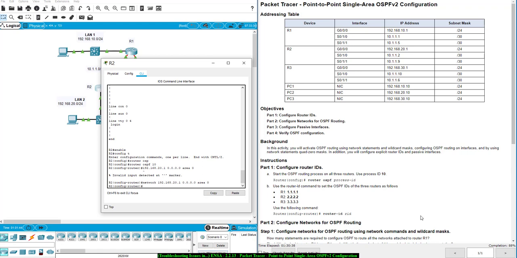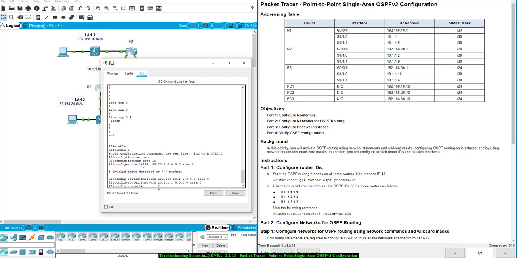All right, notice completion rate's 88%. Next thing we got to do, I'm going to press up arrow to stay on that configuration. I'm going to take out the IP address, and then the next IP address in line is 10.1.1.2, with all zeros for the wildcard mask.